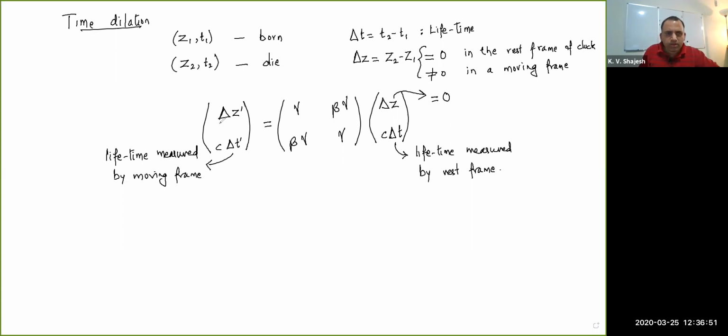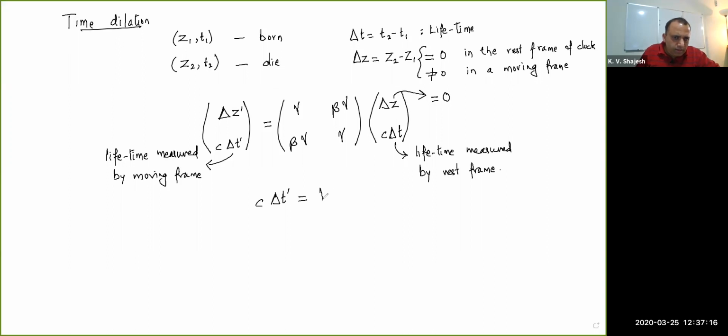We don't specify anything, and we won't, it's a spectator here, and it doesn't play an important role in this derivation. With this much, we can immediately write down that c times delta T prime is equal to, as a beta term multiplies delta Z, but that's 0.